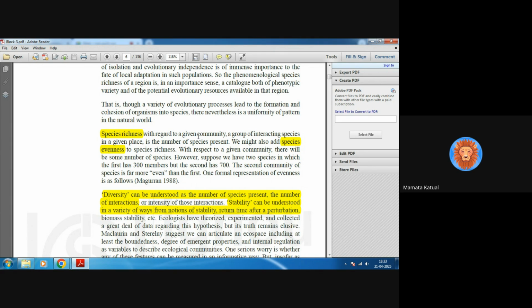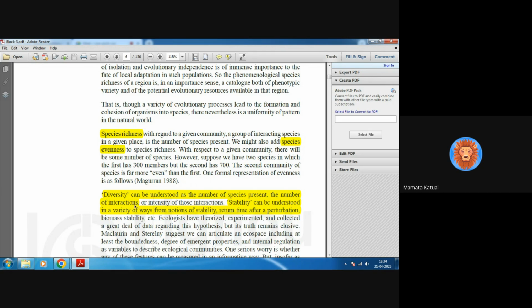And these species interact, one species with another species. This interaction may be in terms of food or shelter or predation. One organism will eat another organism, or any type of relationship between two different organisms.